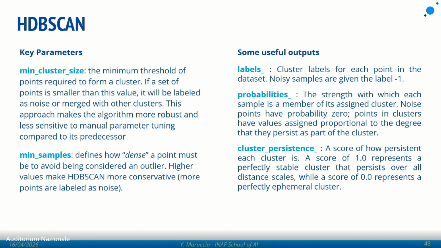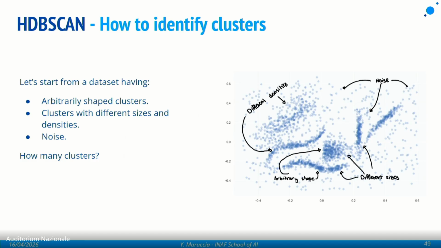And I will explain this concept of persistence in great detail. I have a few slides because I want you to understand well how HDBSCAN works, because it is a very good algorithm to be used for clustering and to perform outlier detection.